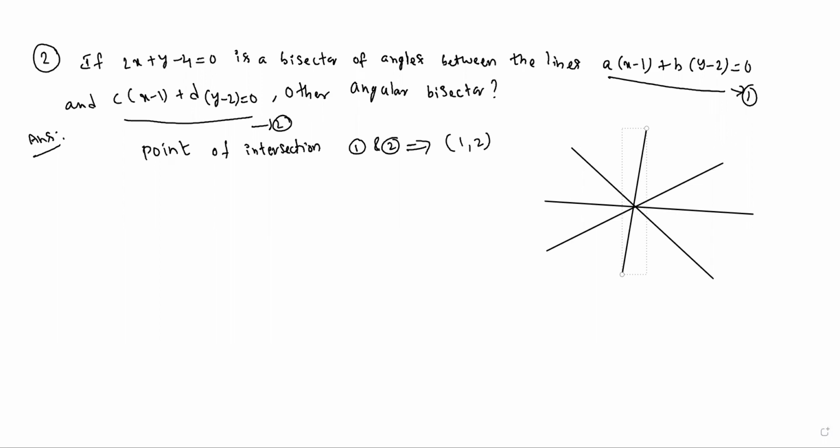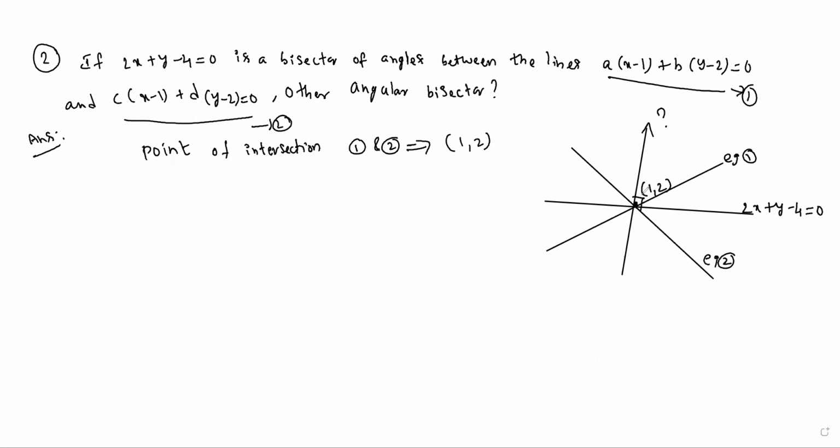This is equation 1, this is equation 2. This is the given angular bisector 2x plus y minus 4 equal to 0. We know this point of intersection, that is 1, 2. We need to find the equation of this one, which we don't know. These two are clearly perpendicular to each other.